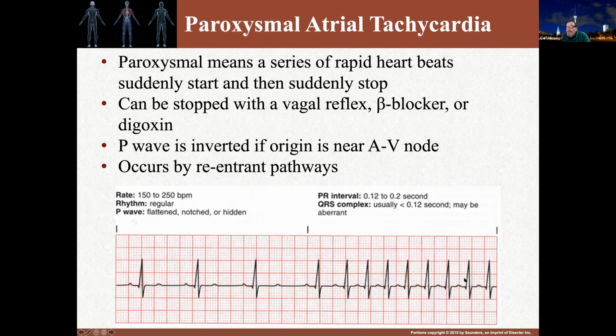Now this is generally the result of some sort of re-entrant pathway, as I showed you in the cardiac physiology lecture. And the way to interrupt one of these is via vagal reflex. You can do this with a vagal carotid massage because your vagus nerve is right next to it. The use of beta blockers or digoxin.